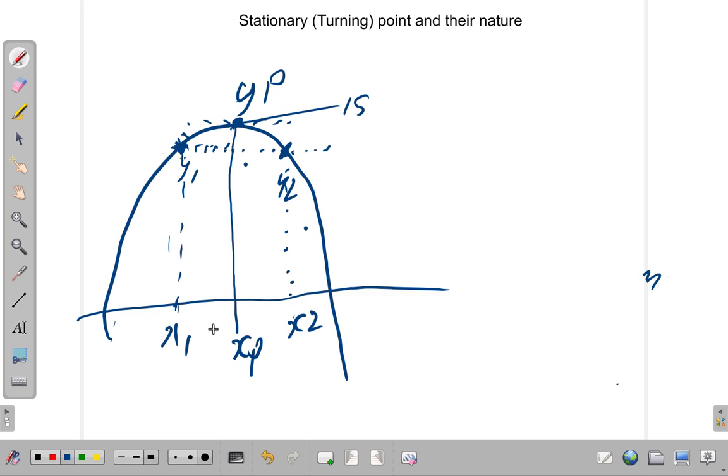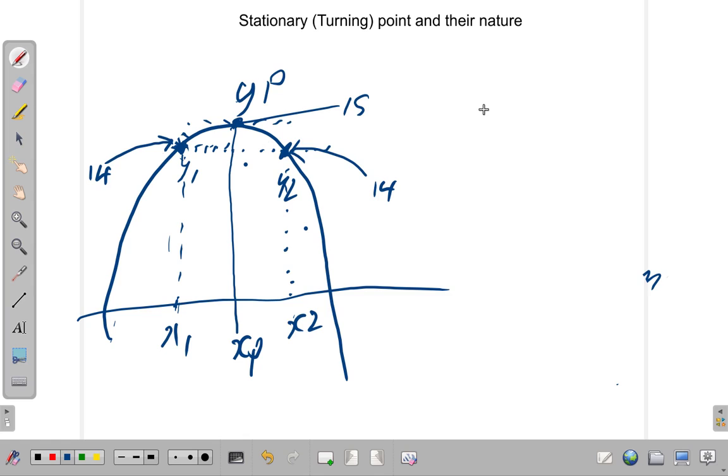Let's say you calculate y1 for x1 and you get 14, and you calculate y2 at x2 and you get 14 too. It means going from y1 to y2, you rose and then you fell, and you see that a maximum point is there.